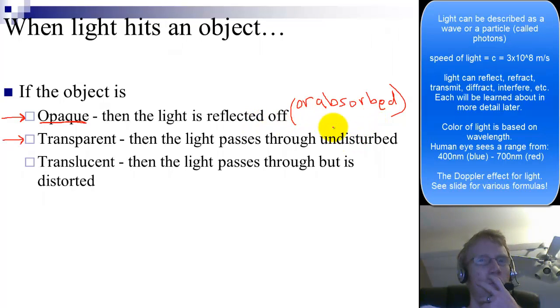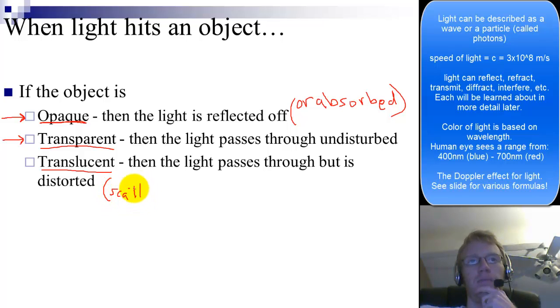I apologize, I probably should have had that typed in, but that's opaque. Transparent means the light passes through undisturbed. It does bend a little bit, as we just saw, but it doesn't scatter really. It just goes in and then straight through out without scattering much. And then translucent, the light does pass through but is distorted, and I'll put here scattered.